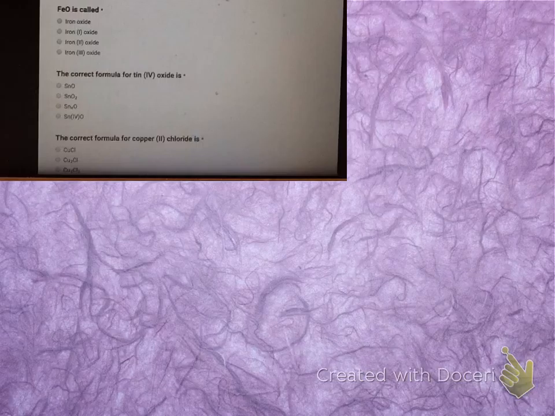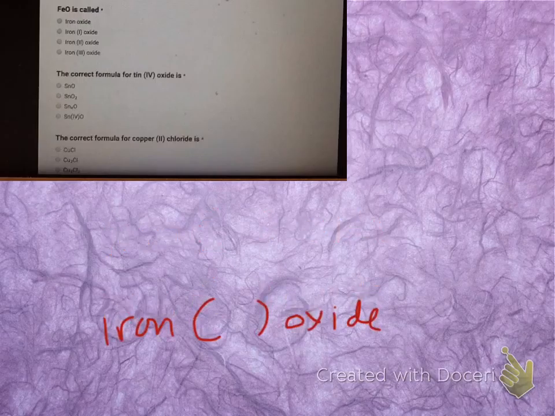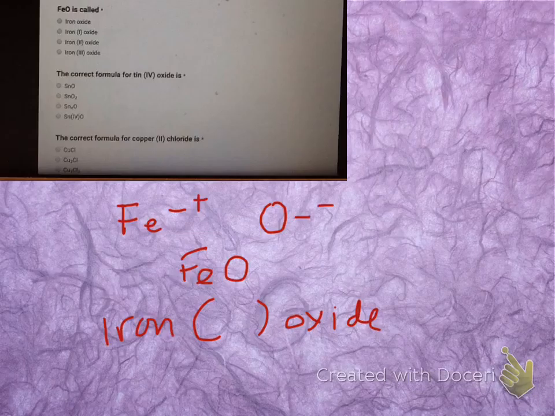So FeO is called what? Well, we know that it is some form of iron, it's iron something oxide, and if we do the backwards crisscross, we know there had to be a positive iron ion and a negative oxygen ion.